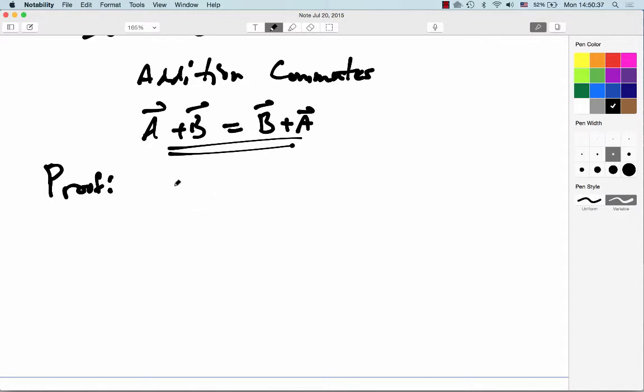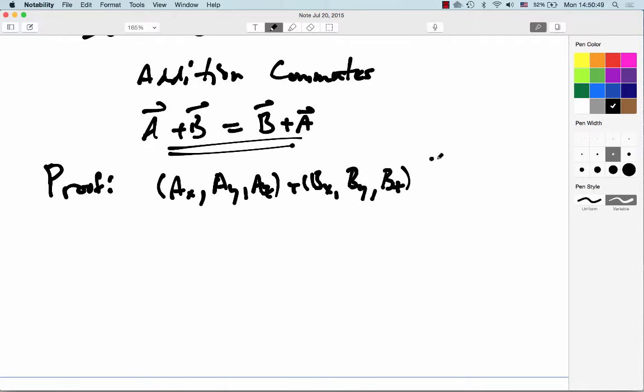So we'll do it by just saying, well, does AX comma AY comma AZ plus BX comma BY comma BZ, does that equal the reverse? BX comma BY comma BZ plus the same thing with A's.